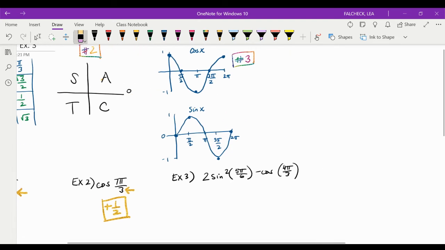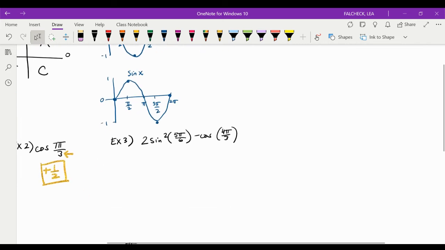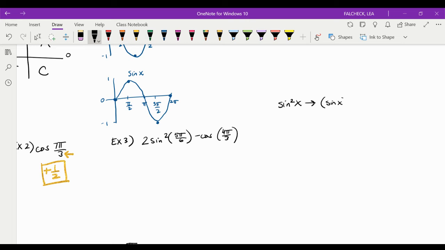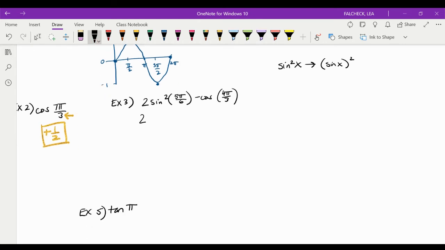Okay. Example number 3. Ooh, this is a little funky. It says 2 sine squared 5 pi over 6 minus the cosine of 4 pi over 3. So remember, when we're doing trig stuff, sine squared x is really this, okay? So let's rewrite it in a way that makes it a little more obvious what we're trying to find.